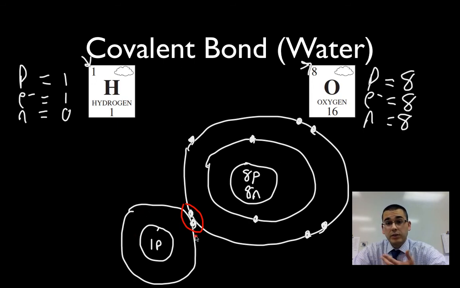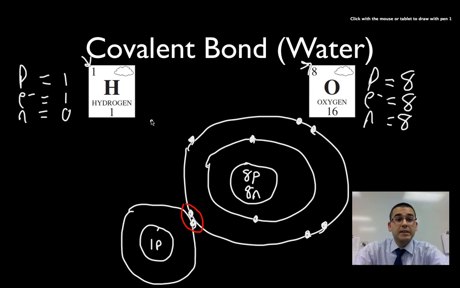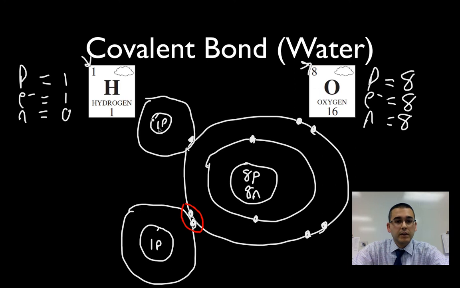The first energy level can only hold a maximum of 2 anyway. And we are working towards filling the outer energy level for oxygen, which means that we need one more hydrogen atom. So we start with our nucleus, 1p, and then we go to our only energy level, which can hold a maximum of 2, and hydrogen only has 1 electron.